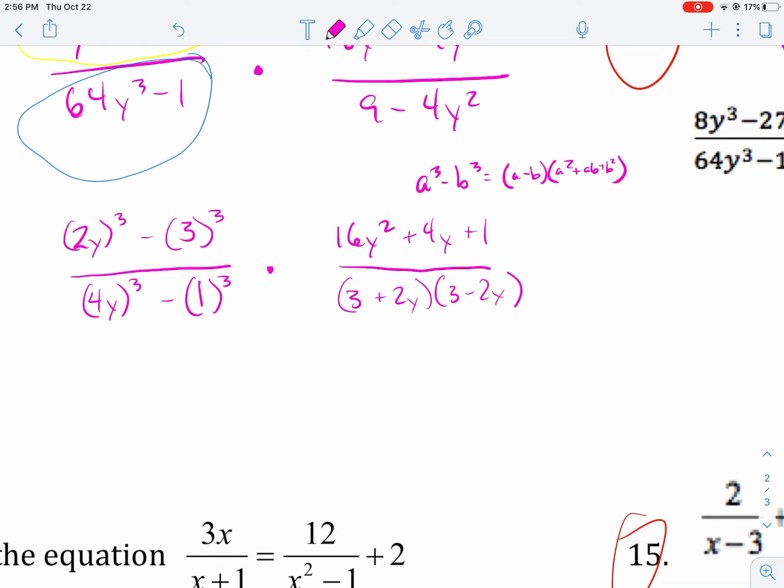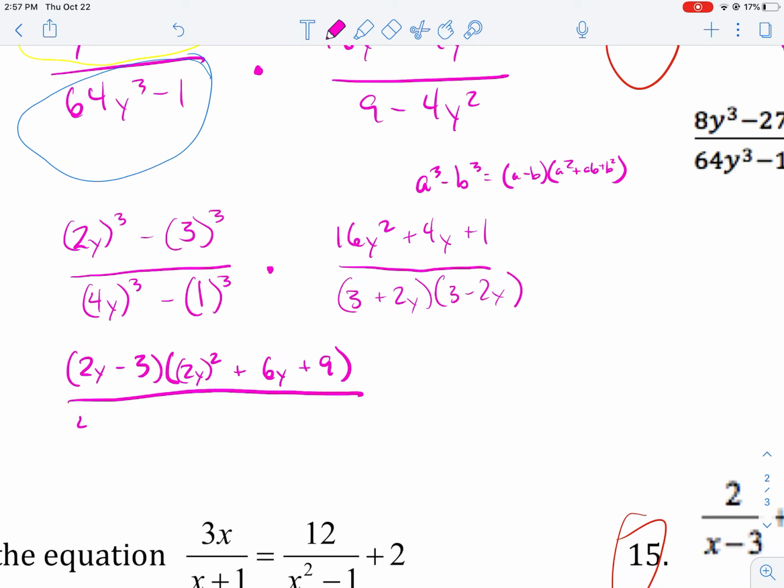So in the first case, my a value is 2y minus my b value, which is 3. Then we're going to go 2y squared, plus 6y plus 9.